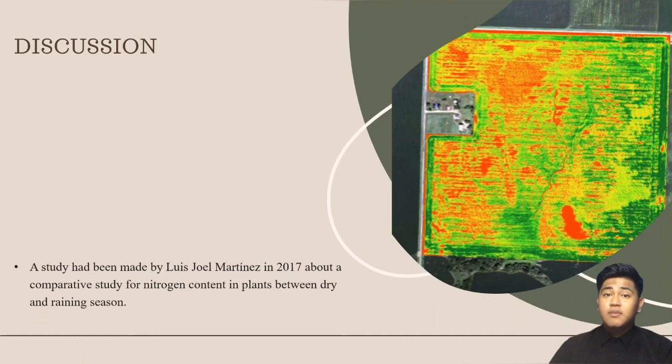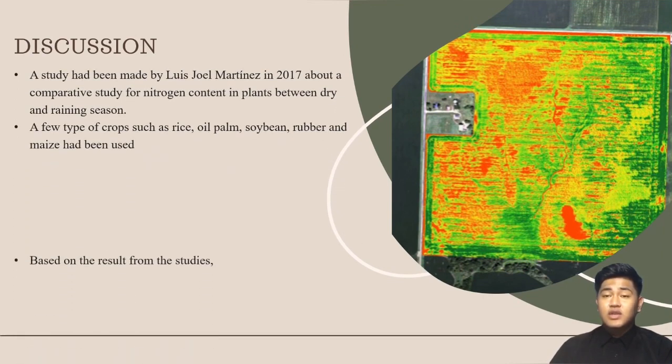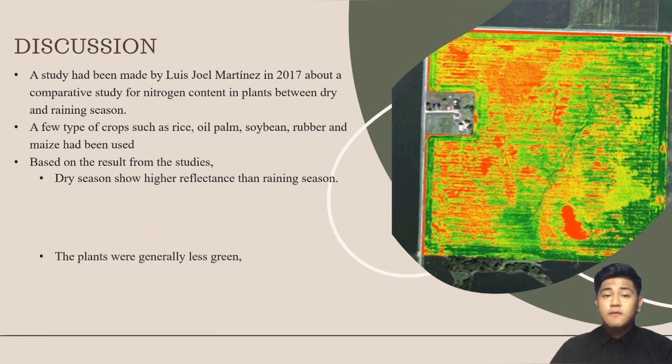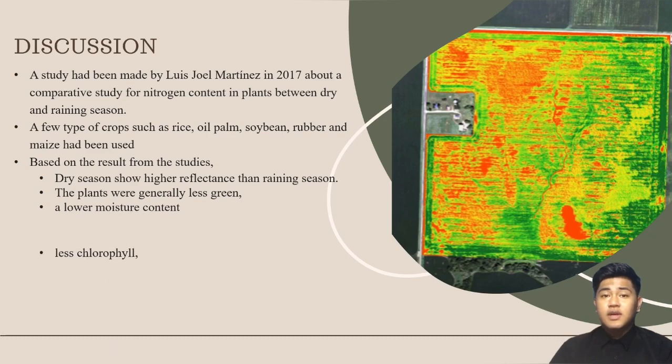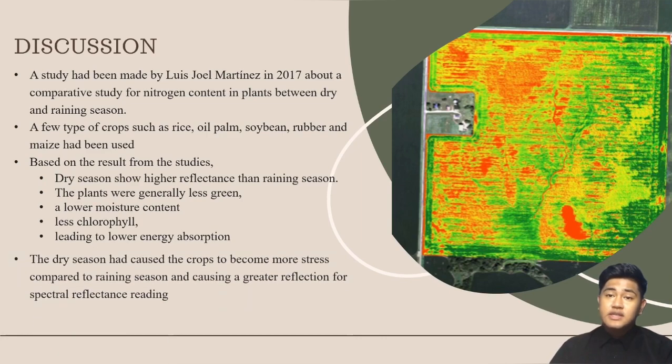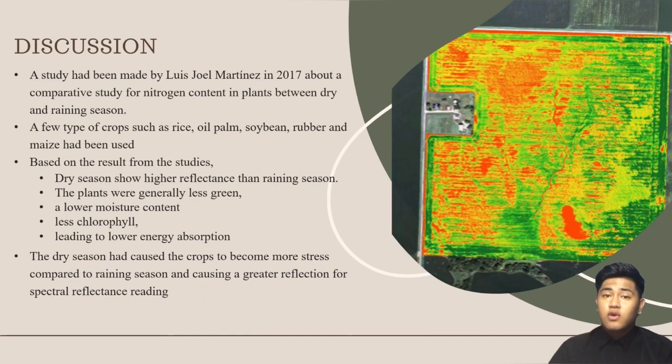A study had been made by Luis Joel Martinez in 2017 about a comparative study for nitrogen content in plants between dry and rainy season. A few types of crops such as rice, oil palm, soybean, rubber, and maize had been studied by the researcher for the nitrogen content in plant between dry and rainy season.